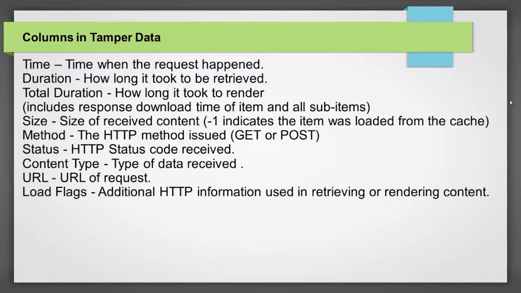The load flags column tells us about the additional HTTP information used in retrieving or rendering the content. So these are the different columns in the Tamper Data Mozilla Firefox add-on. This is completely theory, but we really need to know about all of these before performing our demo.